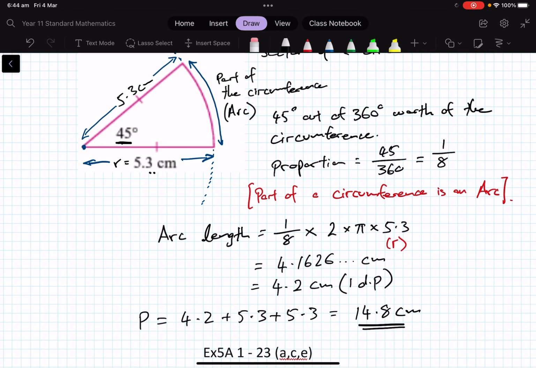Look at the key steps. Work out the arc length by using the angle inside, finding the proportion of the full 360 degrees. 360 degrees is a full circle, that's why. Then you multiply that proportion by the circumference, 2 pi r, times, in this case, 1/8. Work that out, and then we add it on to whatever other sides we have.